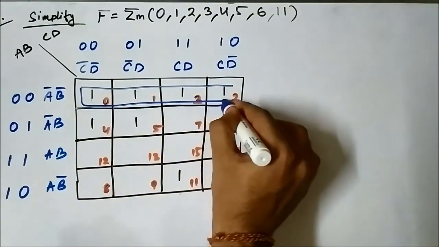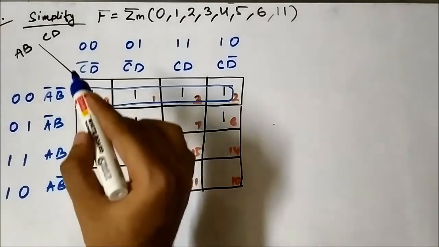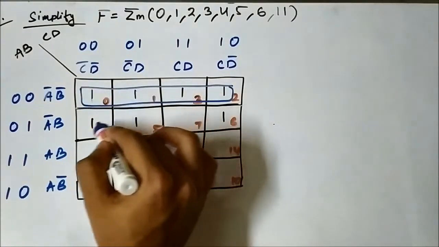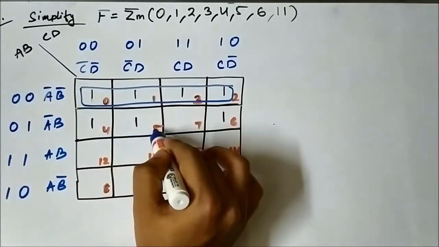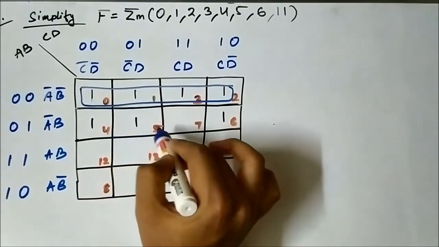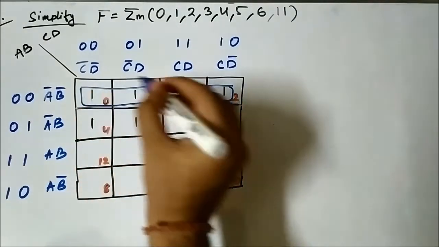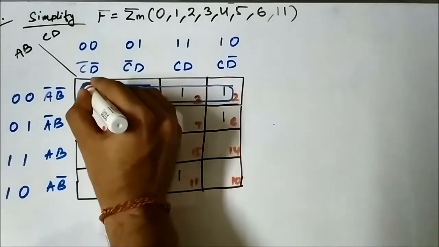Also these 4 cells, 0, 1, 4 and 5, are also adjacent to each other, so we can form another quad here.